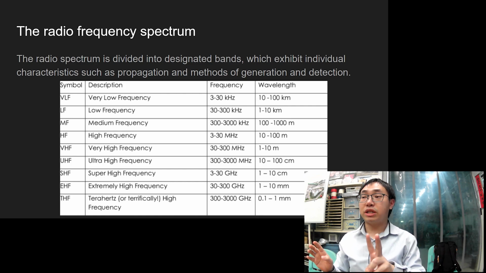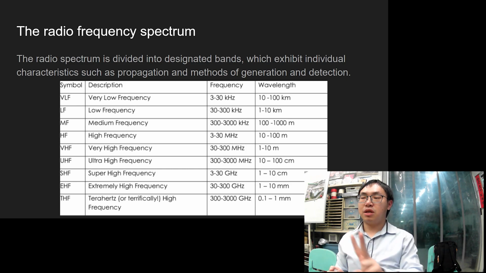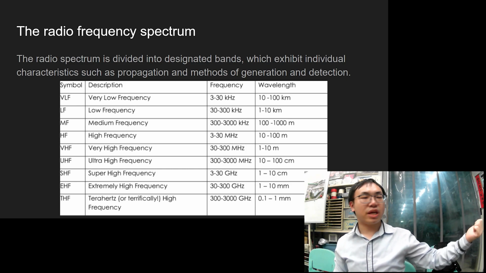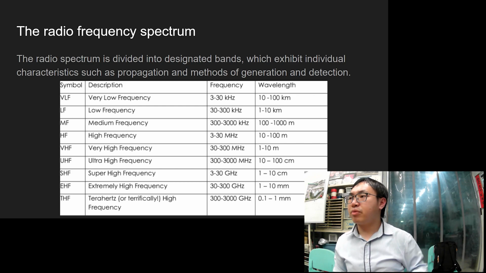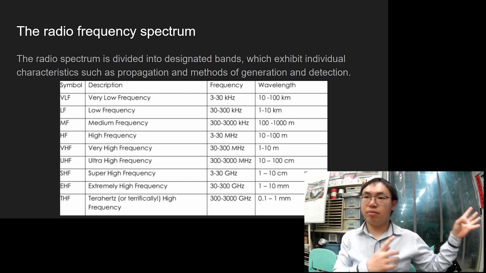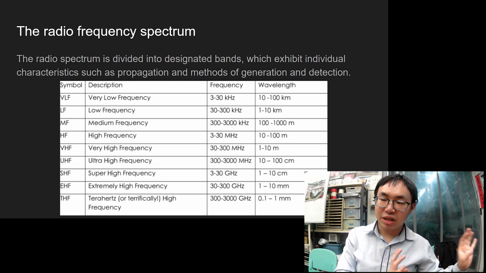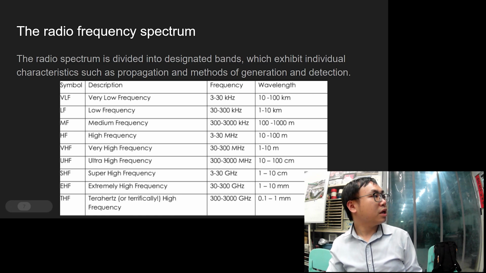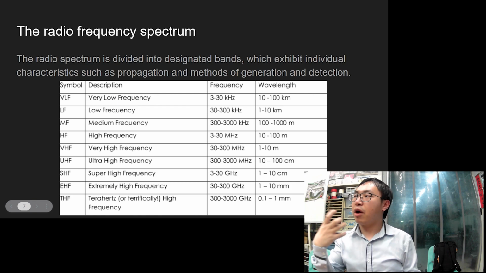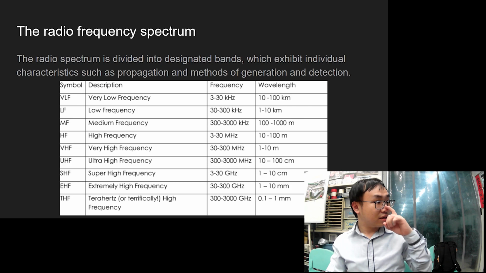Wavelength and modulation are two separate concepts. People say they listen to medium frequency radio and represent it as AM, just because the common broadcast method for AM is using medium frequency, not because AM must use MF. And VHF and UHF are the frequencies used for common handheld radio. So you can remember this.